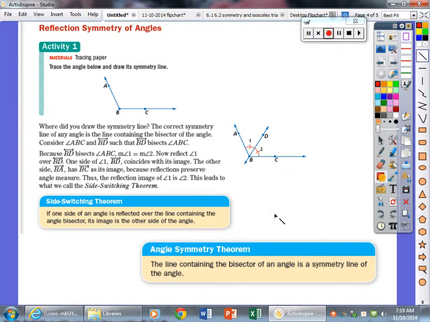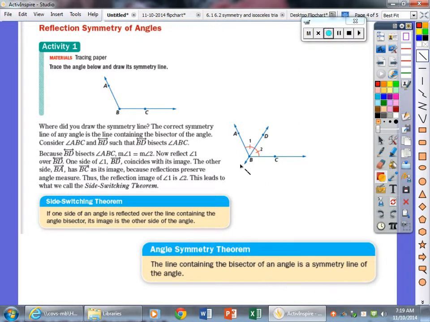So here what we're looking at is the reflection symmetry of angles. And again, if you think about what reflection symmetry is and what an angle bisector is, you would understand that the line of reflection is also going to be the angle bisector, because whenever you do a reflection line, you're going to have exactly the same thing on both sides.